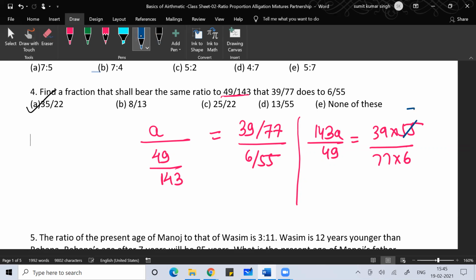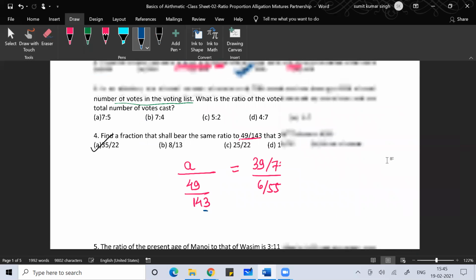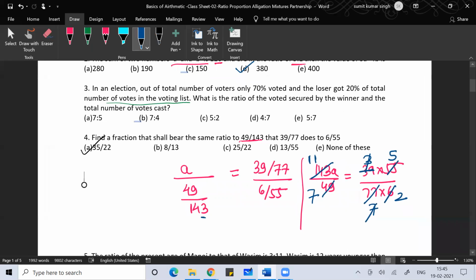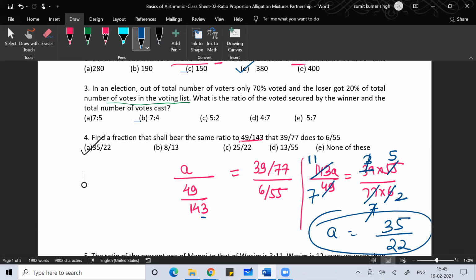Cancelling common factors, the value of A is 35 by 22. Clear, everyone?